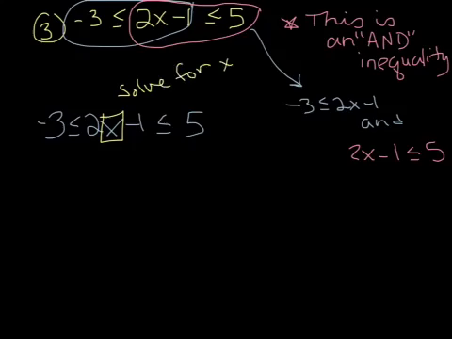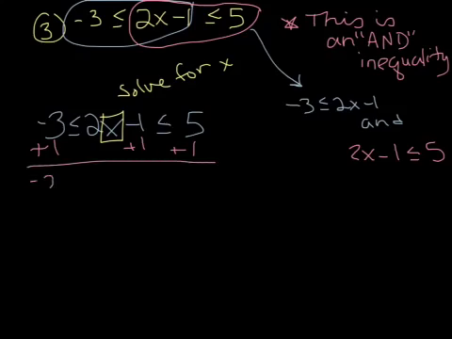So what we need to do is we need to move over everything that's in the same part of the inequality as that x. I'm going to start with the 1 by adding 1 to everything. So what I have to do is I'm going to add 1 not only to the middle part, and not only to this -3, but also to that 5. So I'm actually adding that 1 to all 3 parts of that inequality.